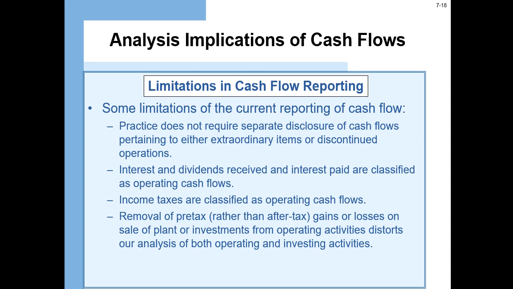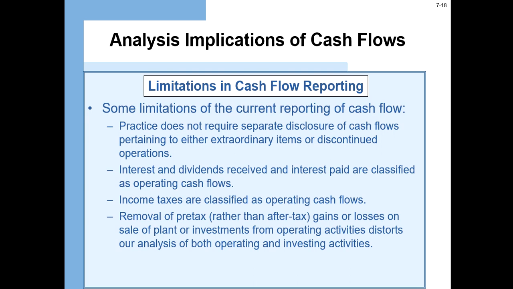Interest and dividends received and interest paid are classified as operating cash flows. So those are not from the operating activities, you know. Those could be separated actually.